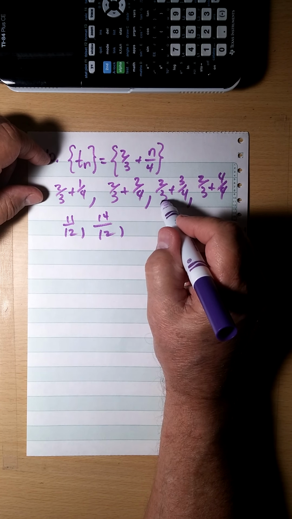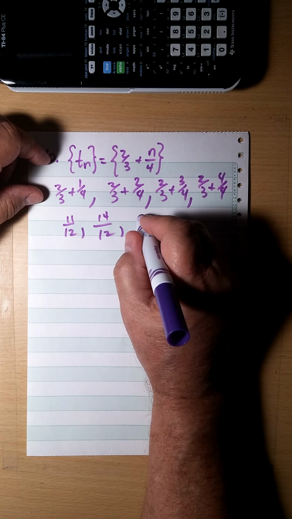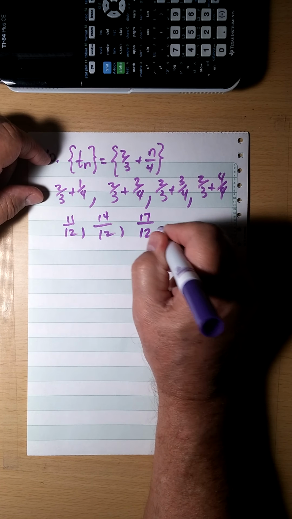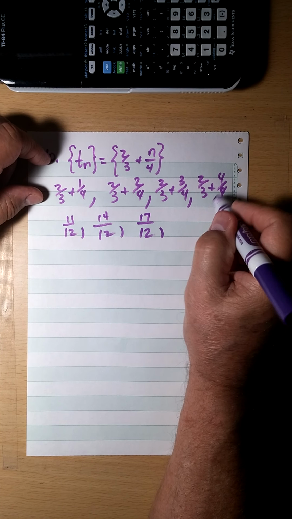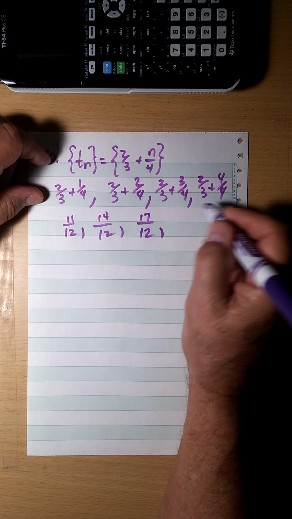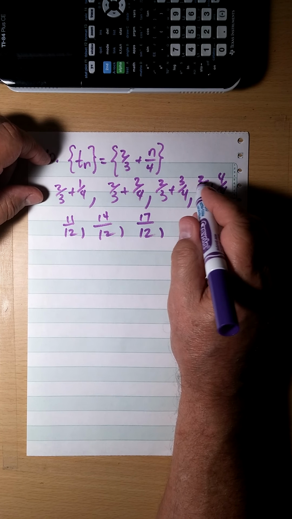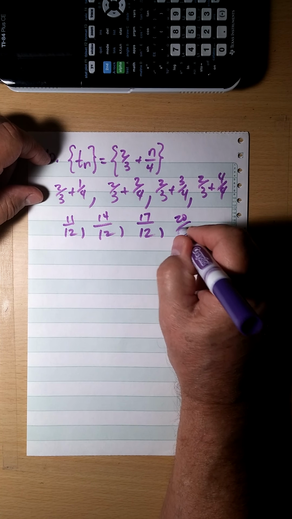This is 8 12ths and 9. 8 and 9 is 17 12ths. And this is 8 12ths and I guess 12, right? 12 12ths. 8 and 12 is 20 12ths.